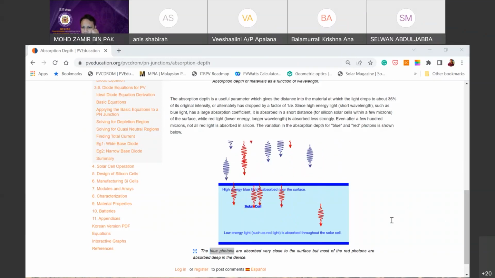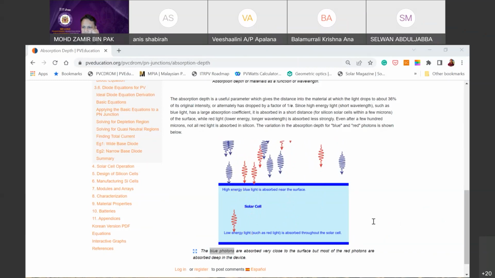So the question here: does that mean if we really use thin thickness for solar window purpose, for example, 100 nanometer thickness, the light absorbed is mostly UV photon? You can say that literally, but that does not necessarily mean so, because it depends on the absorption coefficient of the material.